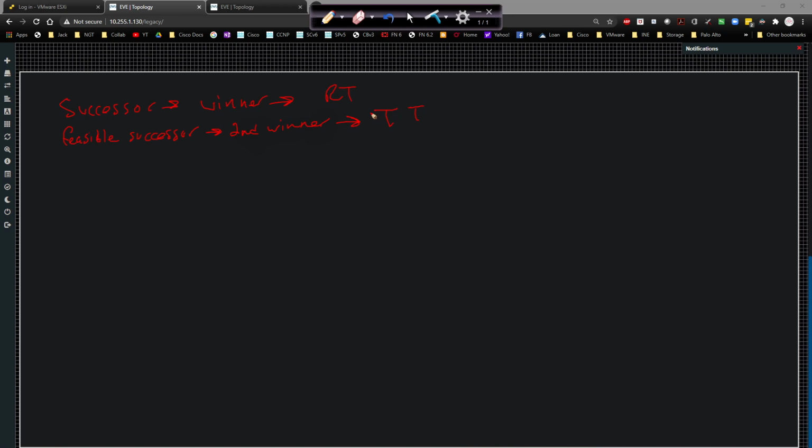whenever a route is determined in the network, the successor's metric right here, we have a couple of other terms that we have to add in. The first one is going to be the feasible distance.